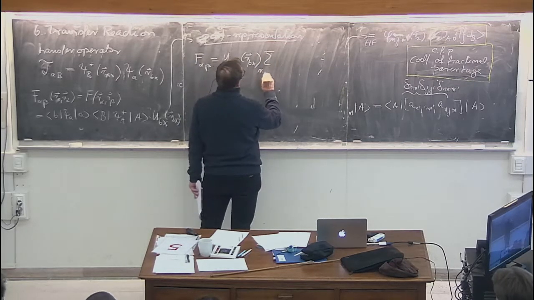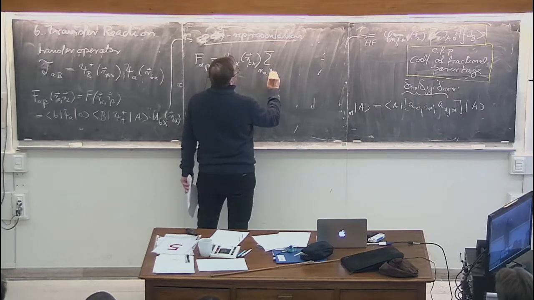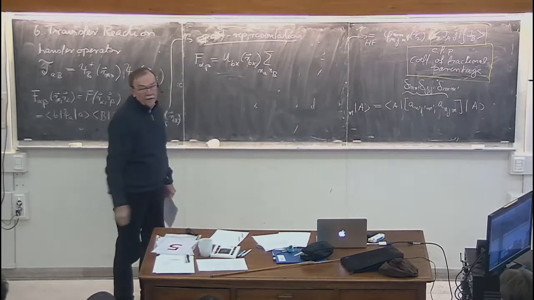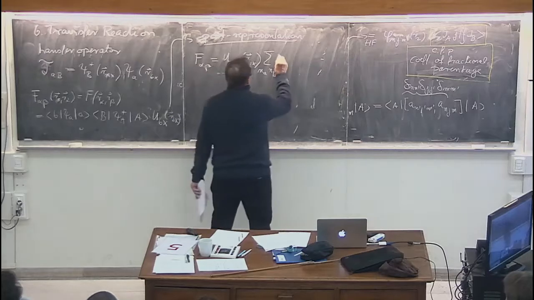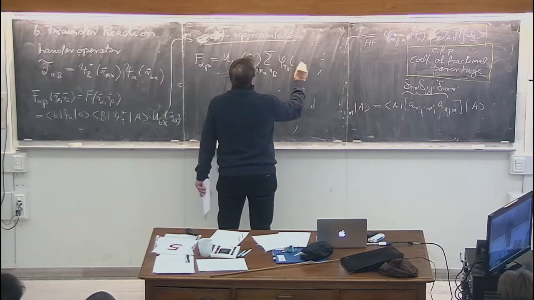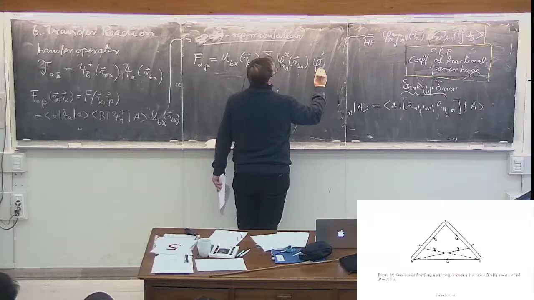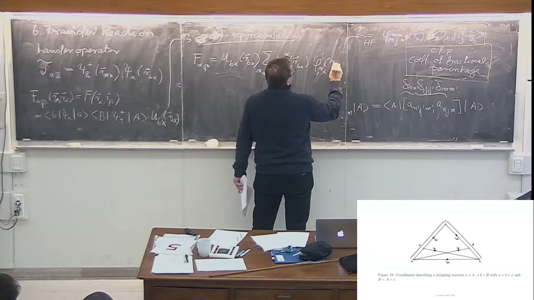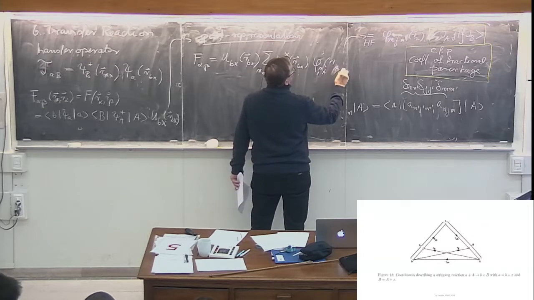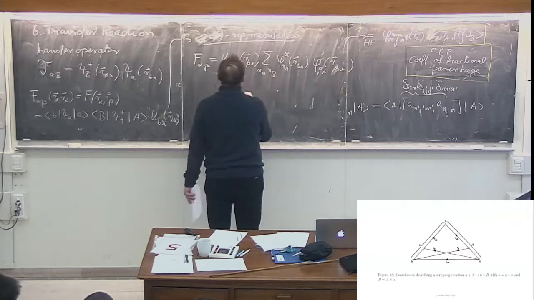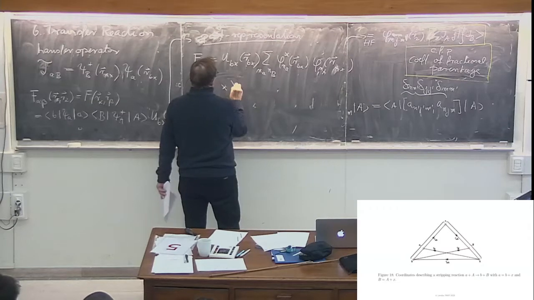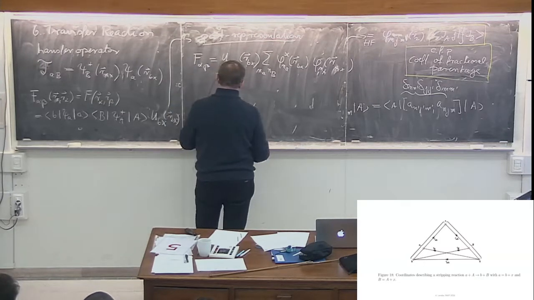I call them N_A and N_B without going into the angular momentum now. And then it's N_A dagger of R_BX, and then phi N_A of R_BRAX, and then I can add these two spectroscopic amplitudes.